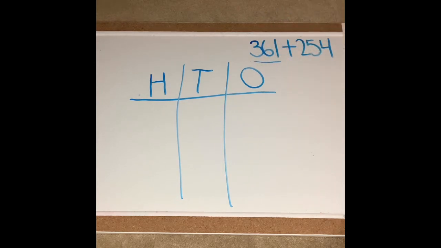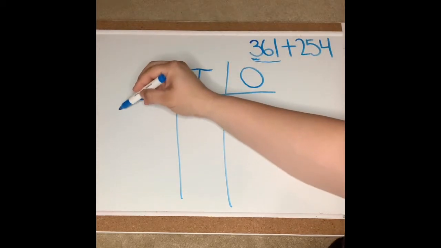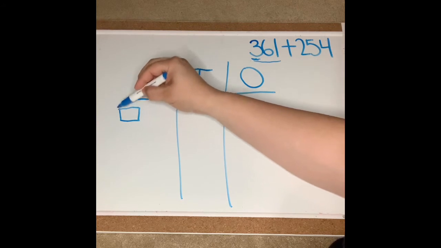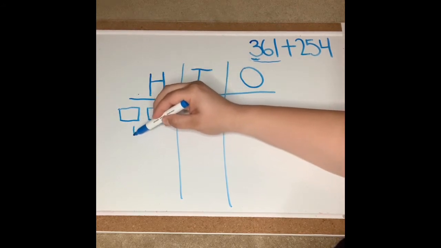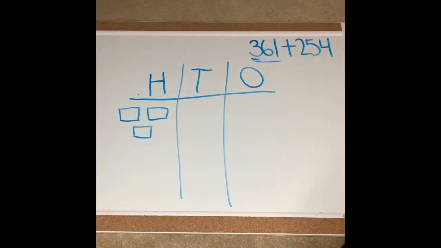So we're going to build our first number, which is 361. How many hundreds are in the number 361? 3. So I'm going to draw 3 squares. Alright, now how many tens do we have in the number 361? 6.